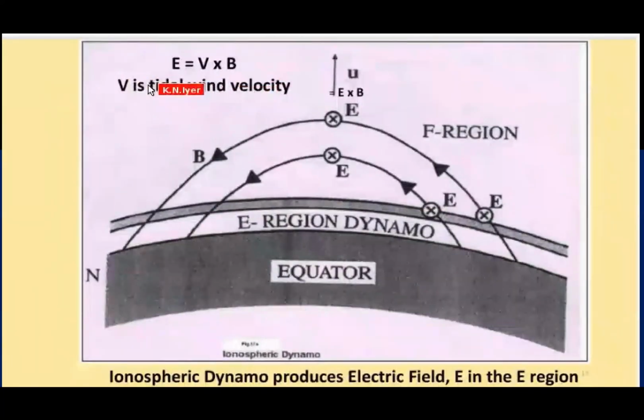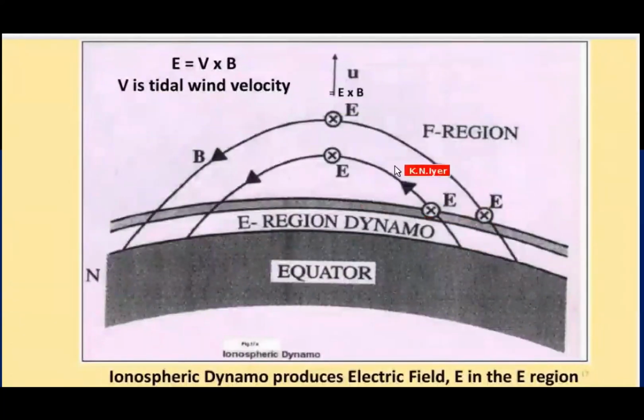And if the ions, which are conducting bodies, ions as well as electrons, are moving across a magnetic field, then by the principle of dynamo, an electric field will be generated. That is why it is called dynamo. So here, this graph illustrates the surface of the earth. This is the equatorial region.